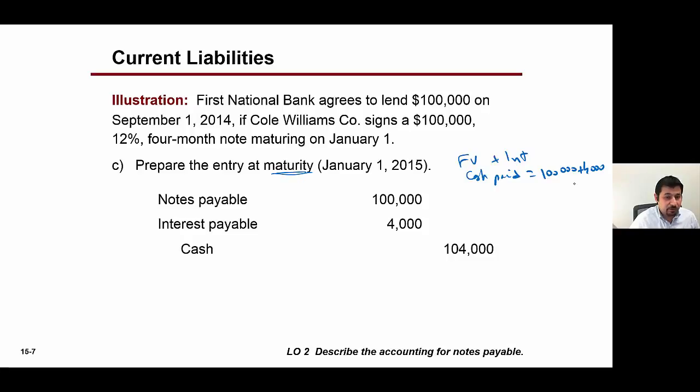So it was on December 31st, the company recognized interest expense. Here it became a liability. So the company will be paying those two liabilities. Notes payable are always recorded at face value. Interest payable is because the company did not pay the interest expense at that time.